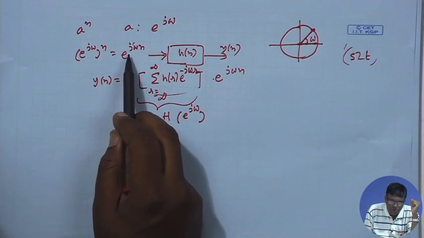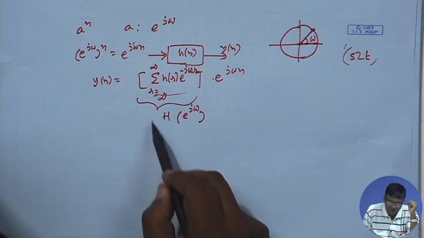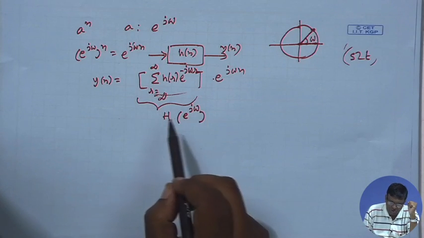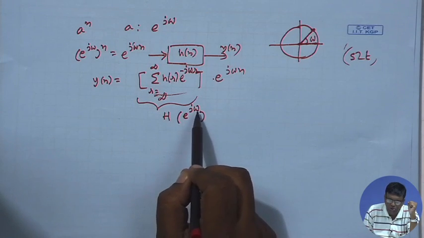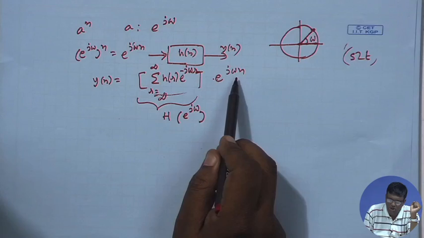I am giving e to the power j omega n, output I am getting again that eigenvalue written in a different form using different symbols, capital H e to the power j omega into the same sequence e to the power j omega n.